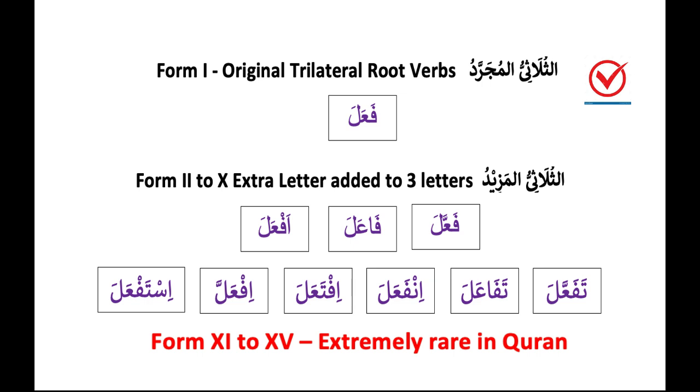So how is form 1 trilateral verb, which is as-thulathiyul mujarrad, different from form 2 to 10? Please note, the difference is there will be an extra letter added to these 3 letters. For example, we can see fa''ala. This is form 2 verb.